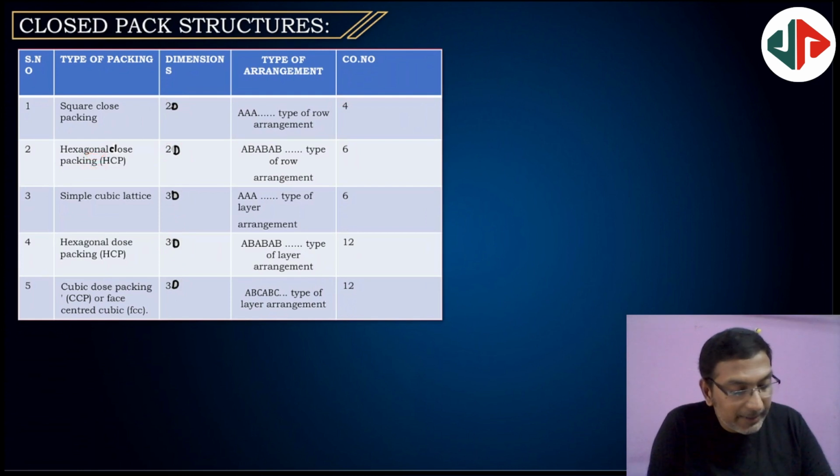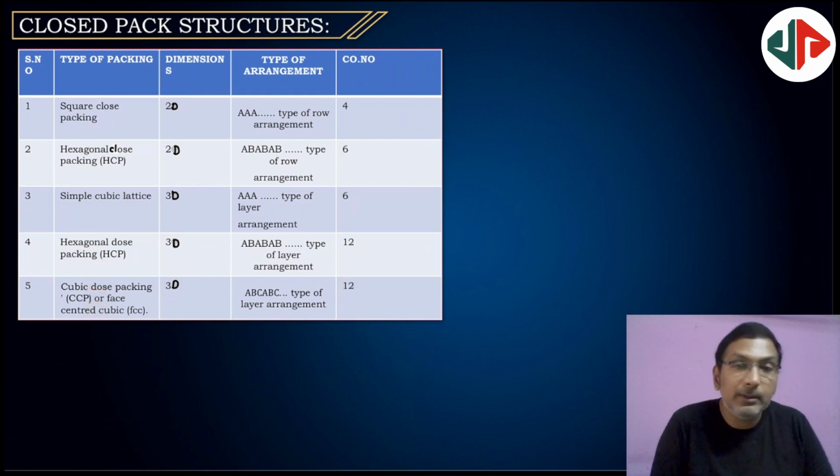Hexagonal closed packing coordination number 6. Simple cubic coordination number 6. HCP 3-dimensional 12. CCP or FCC 3-dimensional 12. Remember these coordination numbers in closed pack structures in 2 dimension, 3 dimension. Very, very important.